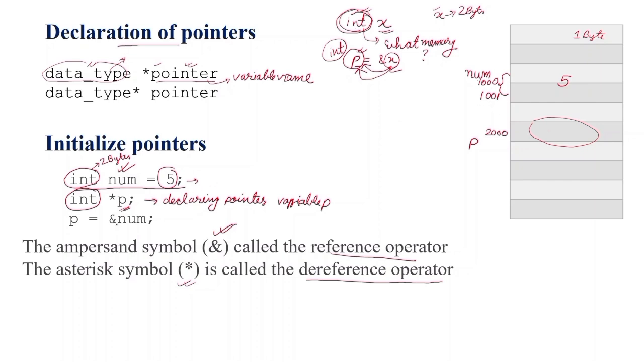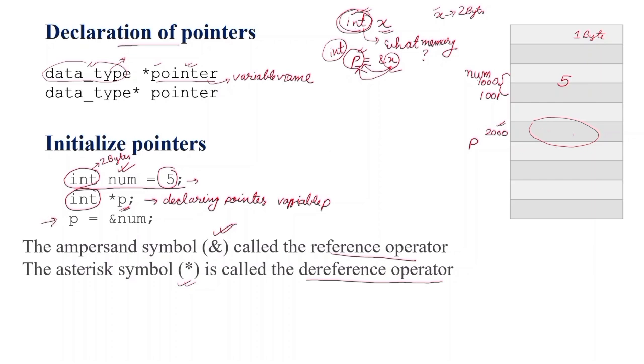In the next line, when you write int star p, this pointer variable p is also associated with some memory location and it also has some address. We have not given any value here yet.